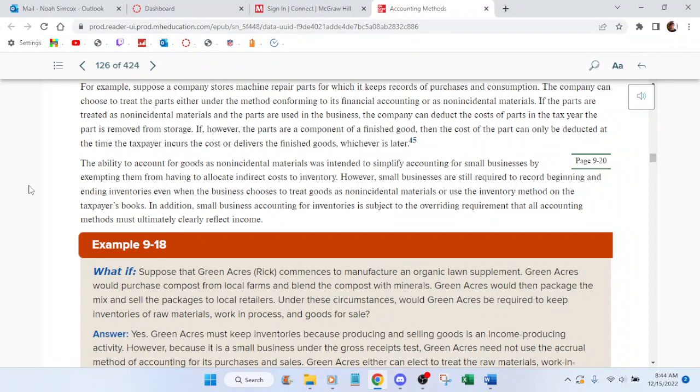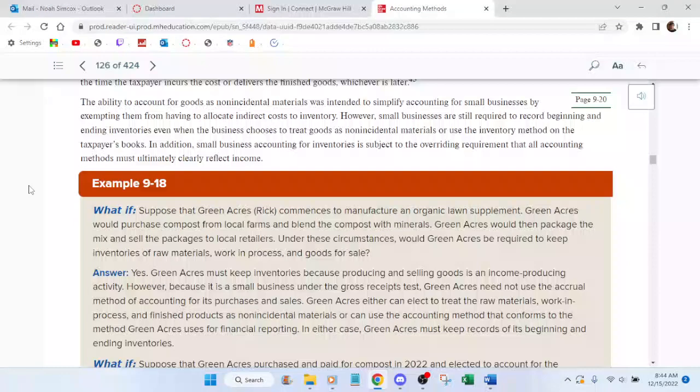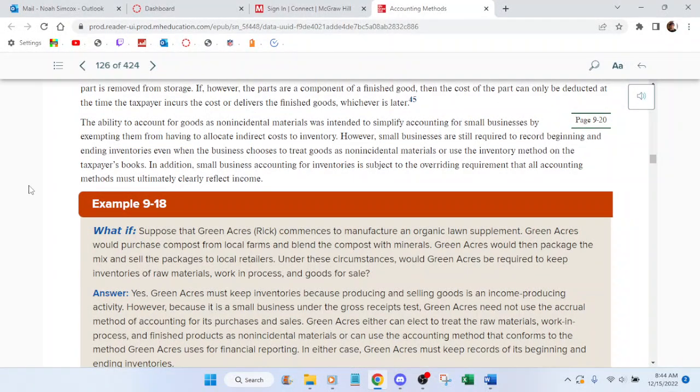Oh, wait a minute. It says Green Acres must keep inventories because producing and selling goods is an income-producing activity.